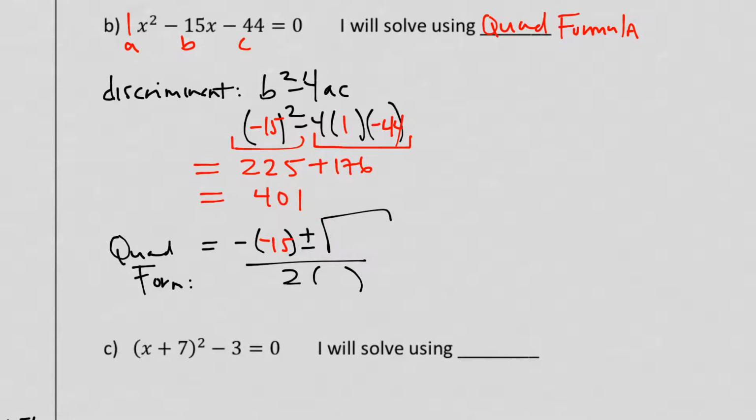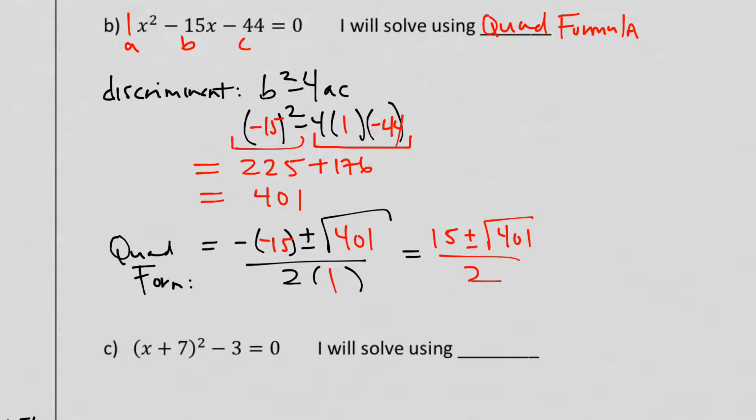That's why it's a little bit easier. All over 2 times a, here a is 1. So from this stage of the problem, I'm going to just work this out. So then I get a negative times a negative here is a positive 15, plus or minus the square root of 401 all over 2.